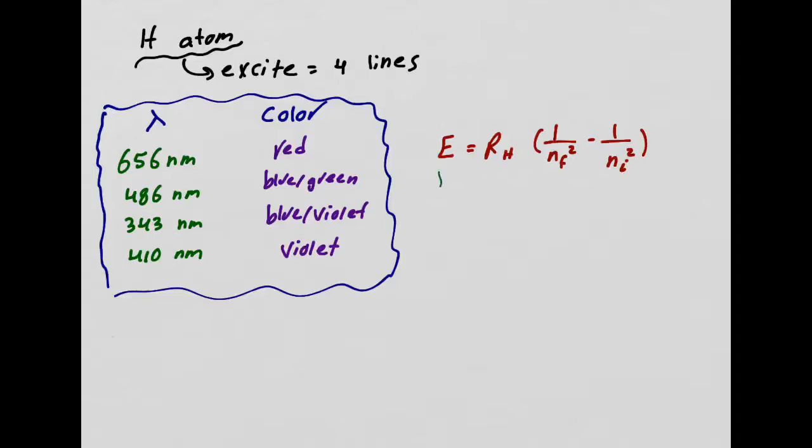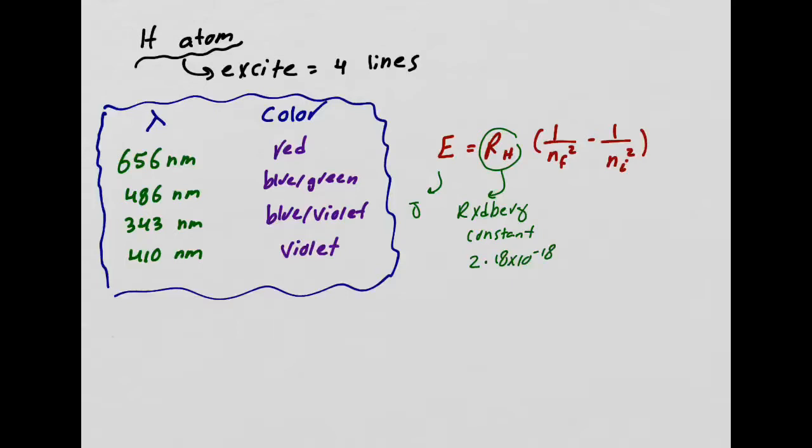So energy is in joules. This is one constant, the Rydberg constant, 2.18 times 10 to the minus 18.